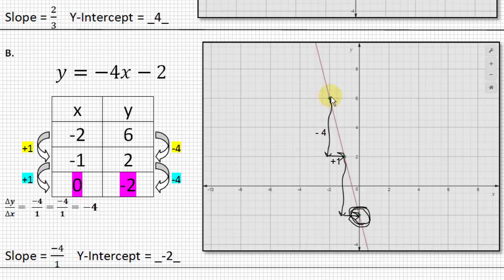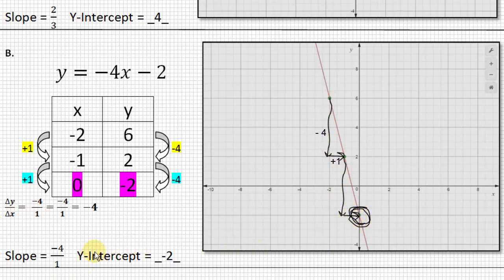So from 6 down to 2 is a drop of 4. From 2 down to -2 is a drop of 4. And for every drop of 4, the x was running or increasing by 1. So from -2 to -1, running 1. From -1 to 0, running 1. So there's our slope, and here's our y-intercept.